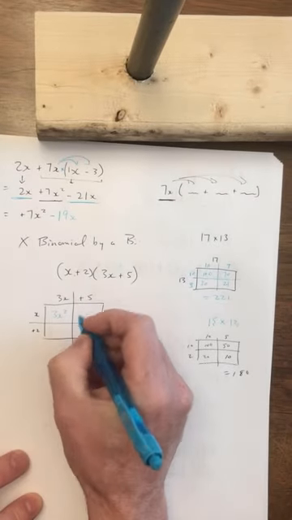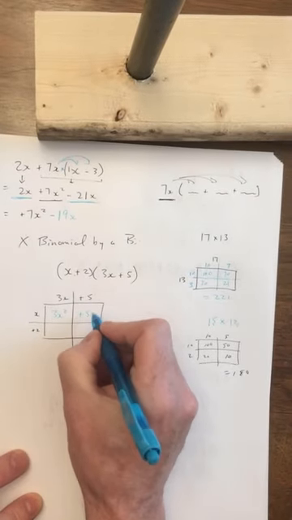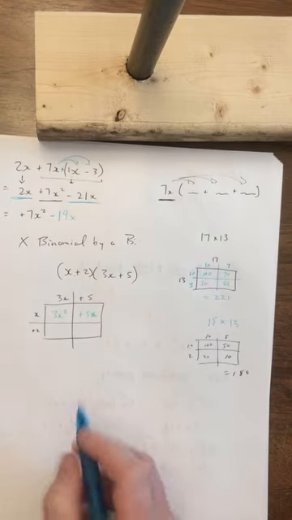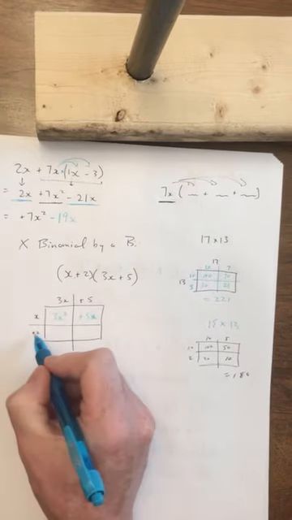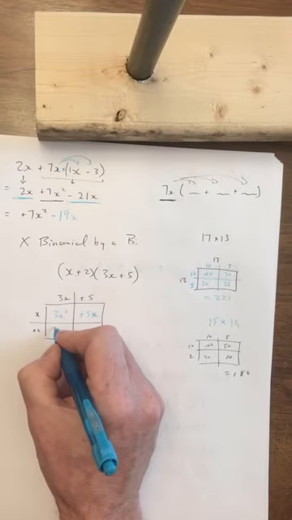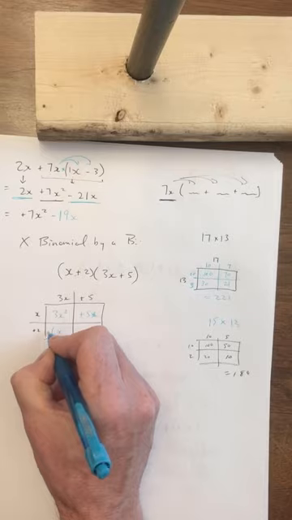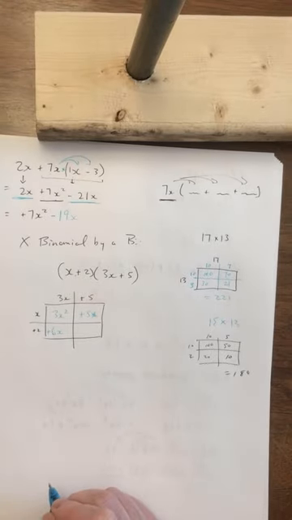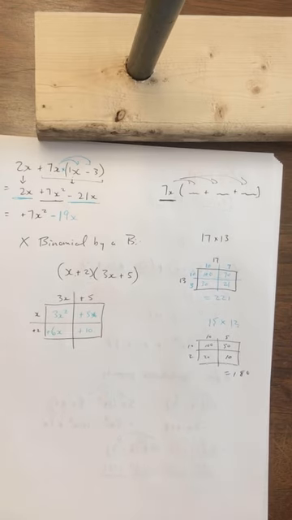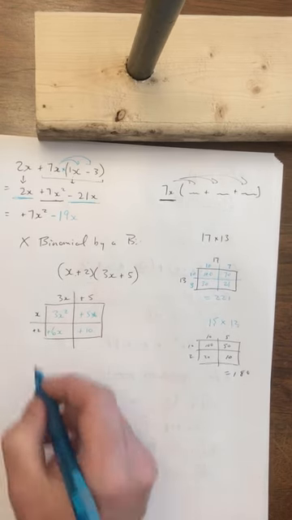X times 5 is plus 5x. Get in the habit of making sure you have your plus 5, the plus with it. 2 times 3x is plus 6x's. And 2 times 5 is plus 10. And now I'm going to add all these together.